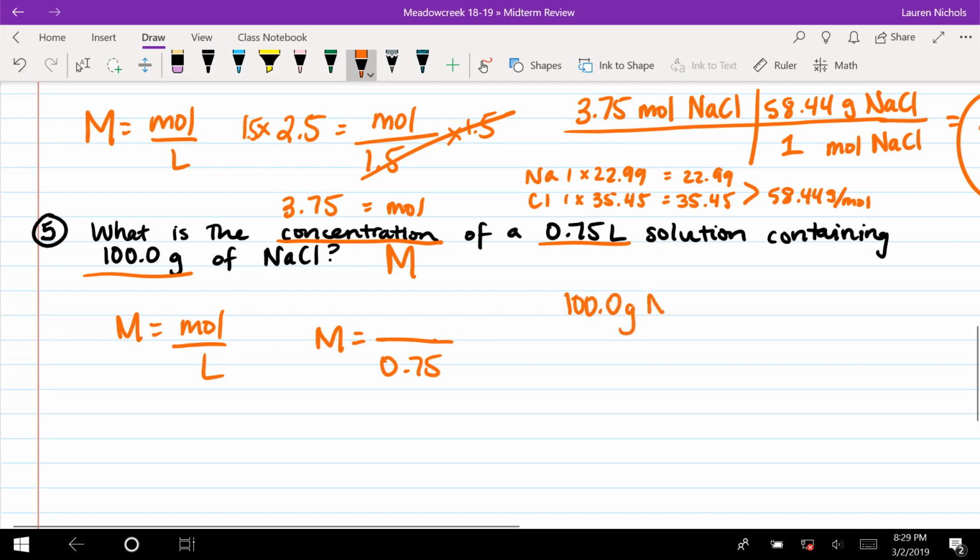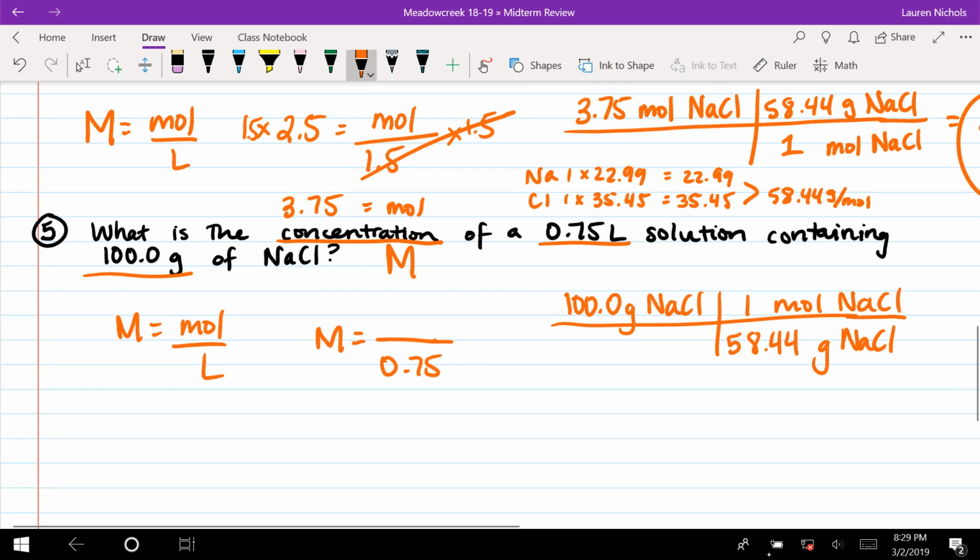So 100 grams of NaCl, I just put it into a T-chart, and we calculated the molar mass to be 58.44 grams of NaCl, and I know that this time it goes on the bottom because I start with grams. And so my pattern repeats, and I put 1 mole of NaCl on the top.